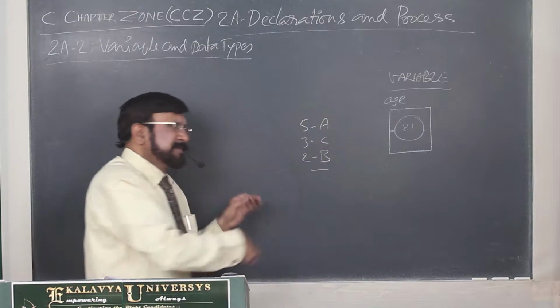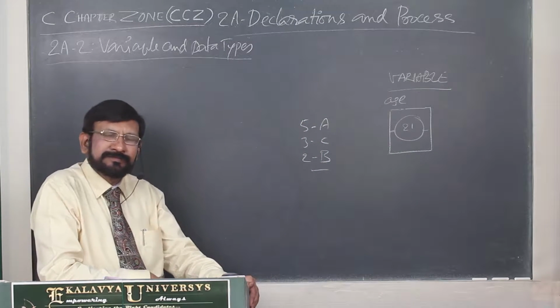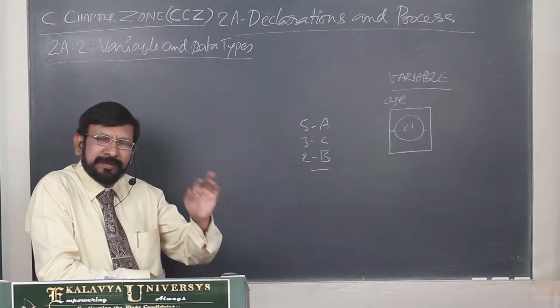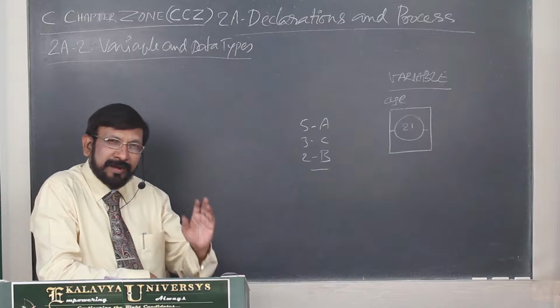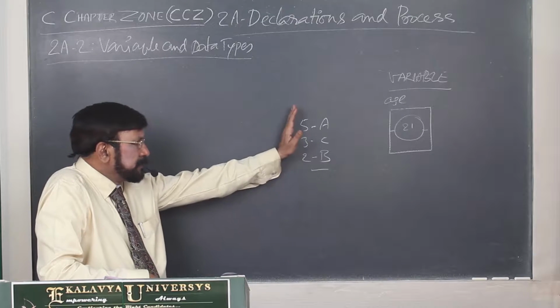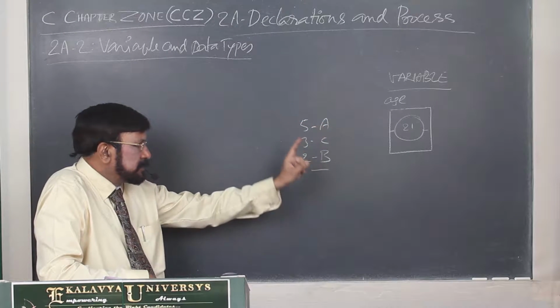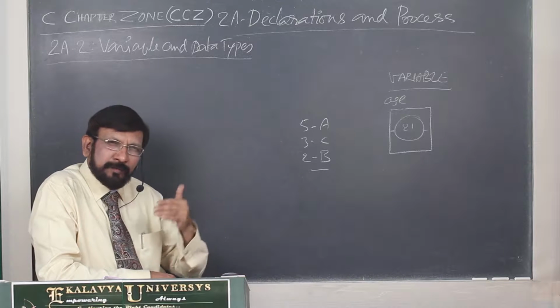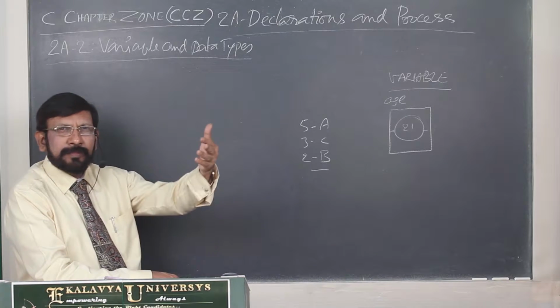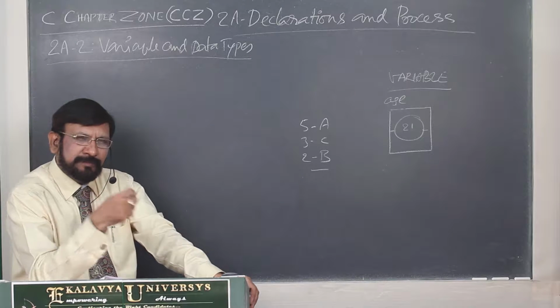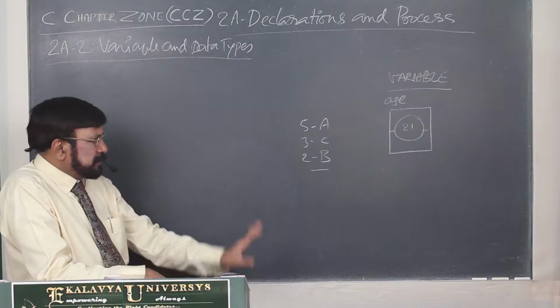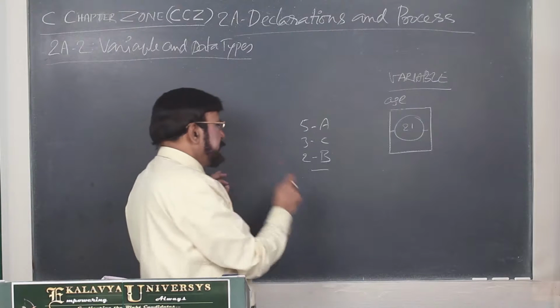Why are you making this classification? Here, every element you have to analyze with an analytical brain. Whatever reasons you have in real life, almost the same reasons are applicable for computer concepts also.